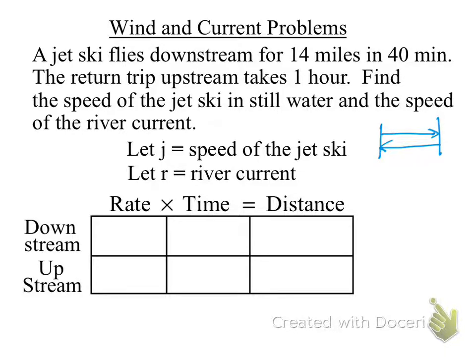Okay, so we are going down the river 14 miles. We're coming back up the river. It says the return trip, so it's implied that the distance is the same. So where does that 14 miles go? That goes in the distance. Good.